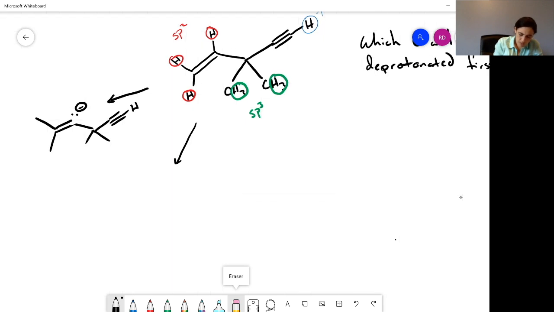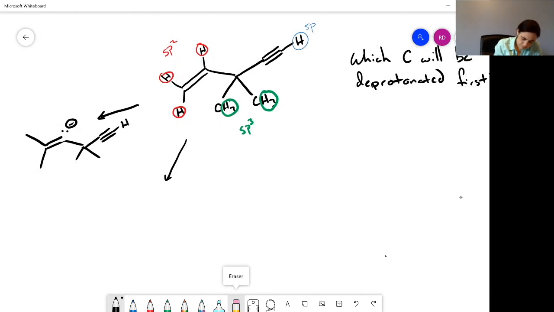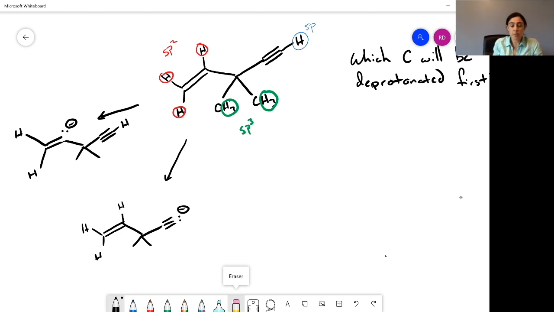The same with if we deprotonate our blue proton on our sp hybridized system. And let's draw these in. So again, this lone pair is not part of the triple bond.